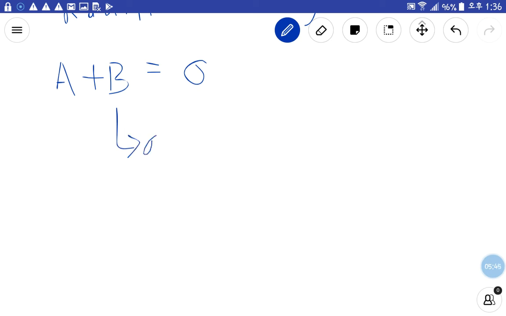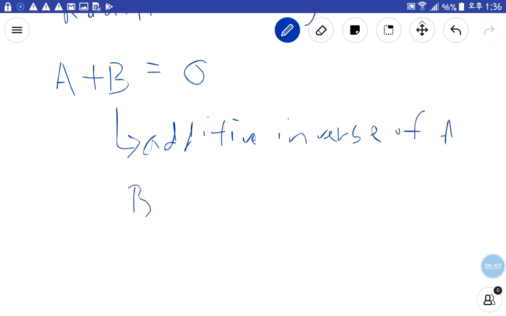The additive inverse of A. This time your B would be the same as negative Aij, since my A is positive Aij. That's how we set up this part.